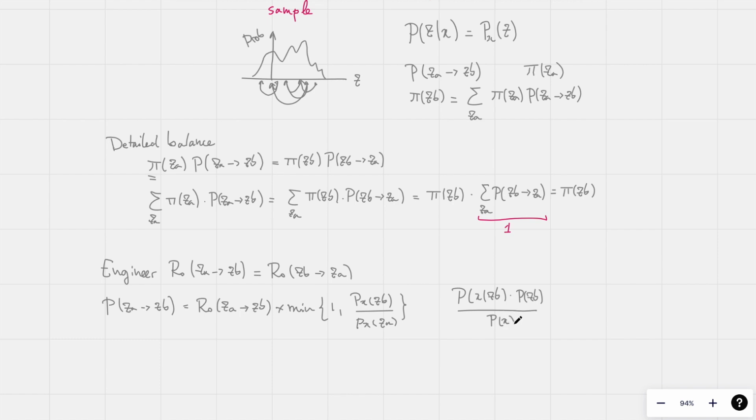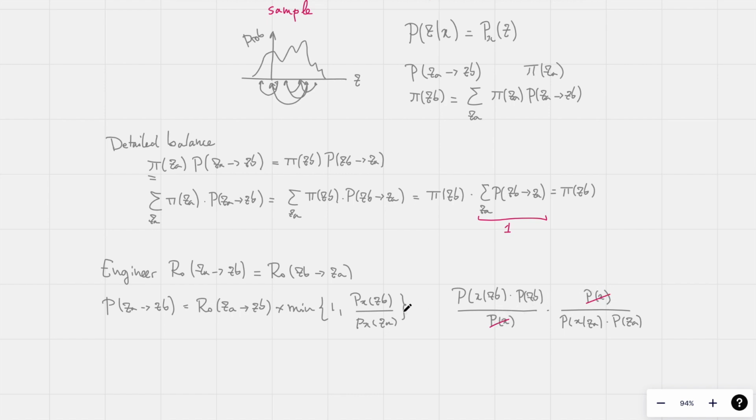And the other term here, P(x, ZA), this is then probability of x given ZA times probability of ZA divided by probability of x. But because this is a division, the terms have swapped here. And what is nice is that the hard terms, the ones that are difficult to compute here, the p of x, cancel out in this ratio.